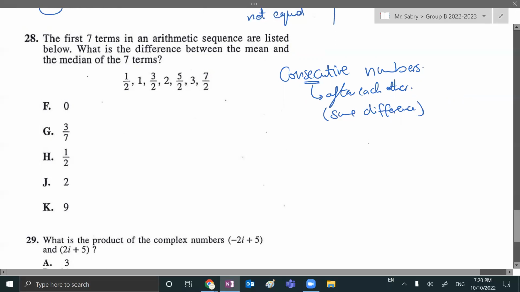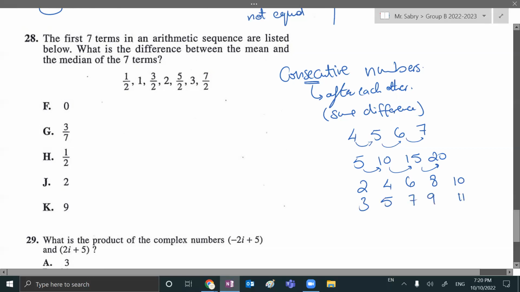For example, consecutive integers are 1, 2, 3, and 4, or 4, 5, 6, and 7. The difference between them is the same every time, which is 1. If I said, for example, 5, 10, 15, and 20, these are still consecutive as well because the difference is the same. If I say consecutive even numbers, they become 2, 4, 6, 8, and 10, and so on. Consecutive odd numbers, 3, 5, 7, 9, 11, and so on. So the word consecutive means the numbers are after each other.